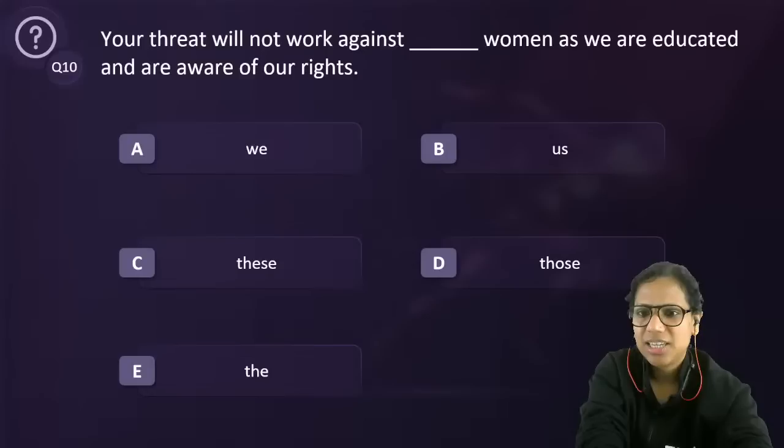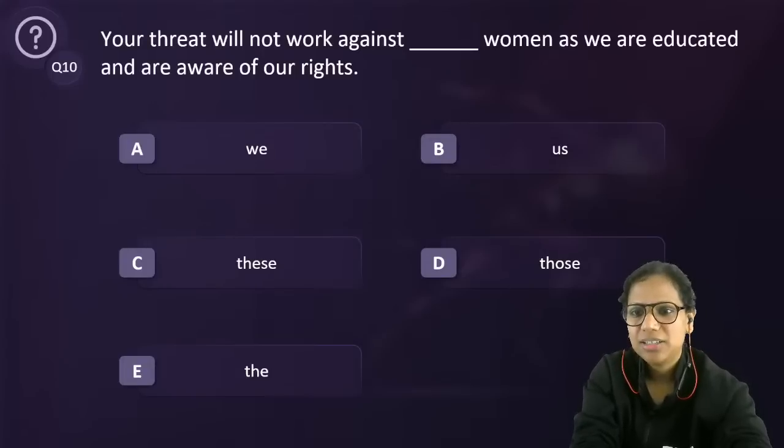Okay, Saili says A. Tejas E. Sejal D. A, E, D, C, B.